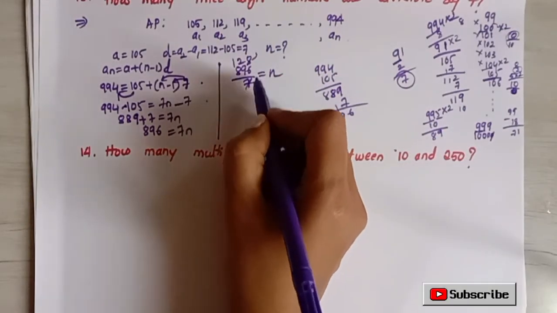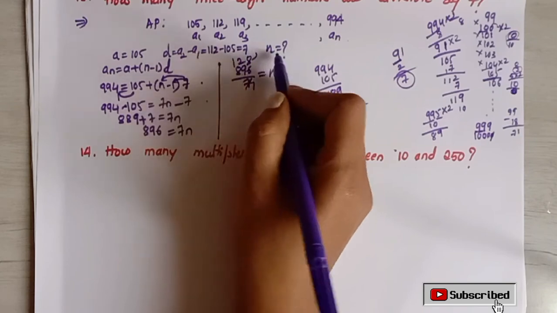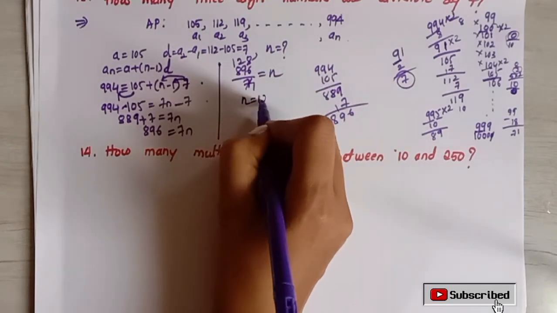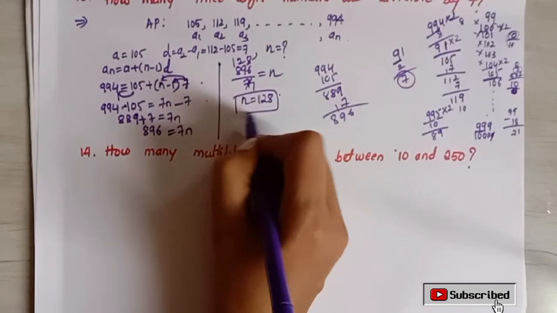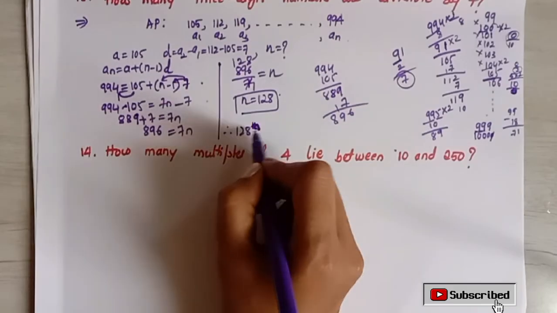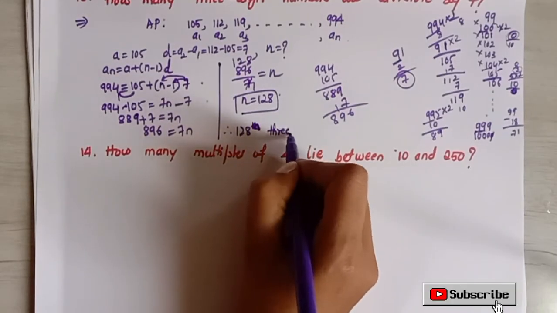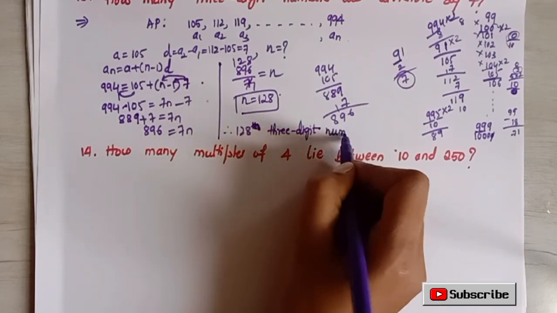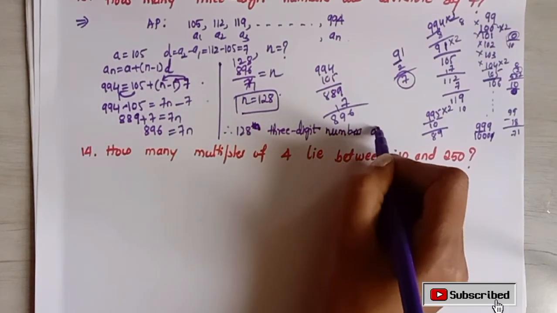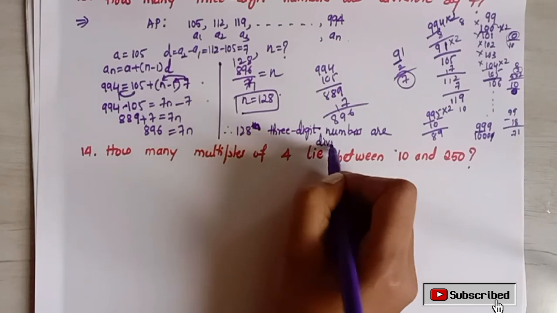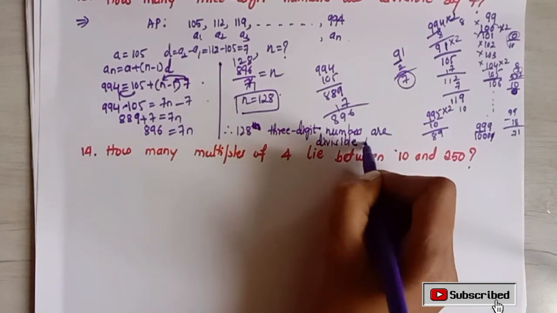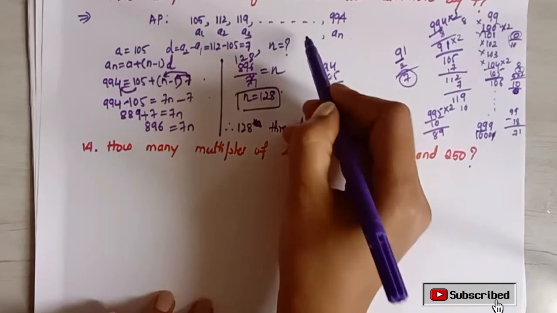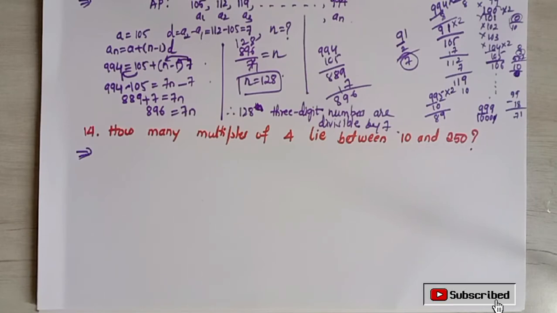So 7 ones are 7, 128. Therefore n is equal to 128. Therefore we can say that 128 3-digit numbers are divisible by 7.